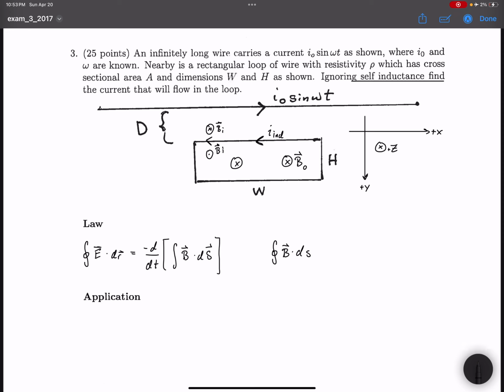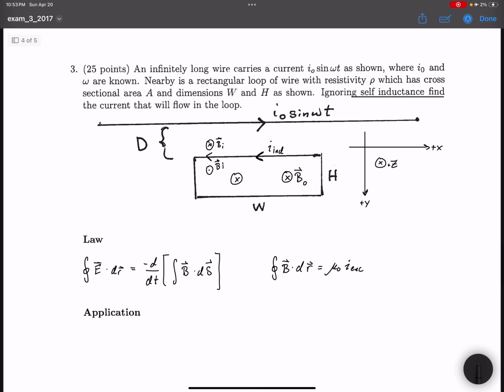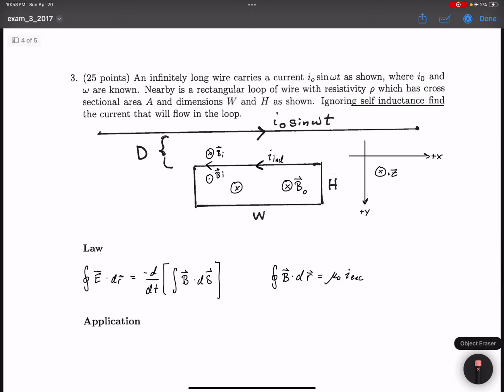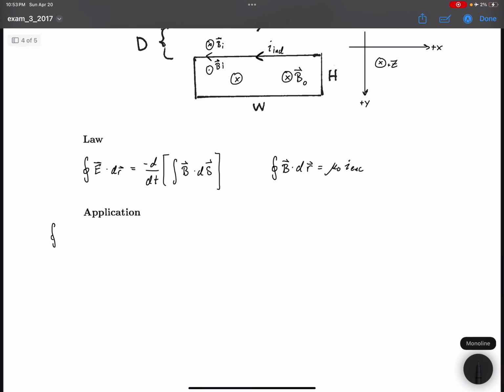Sorry. B dot dr equals mu naught I enclosed. And so we need to use that to find the magnetic field that's coming from this object. So we need to find B naught. That'd be our first step.